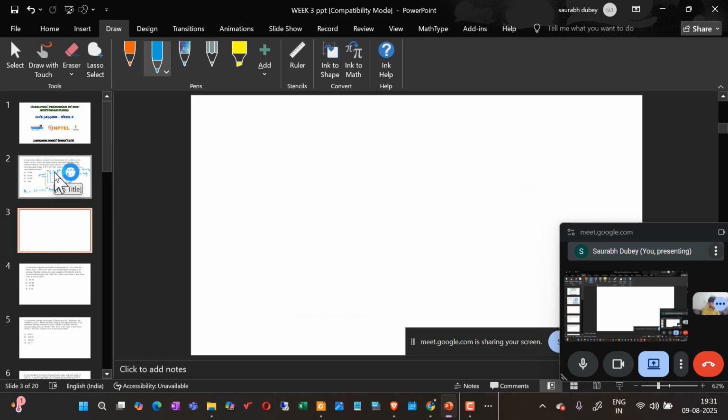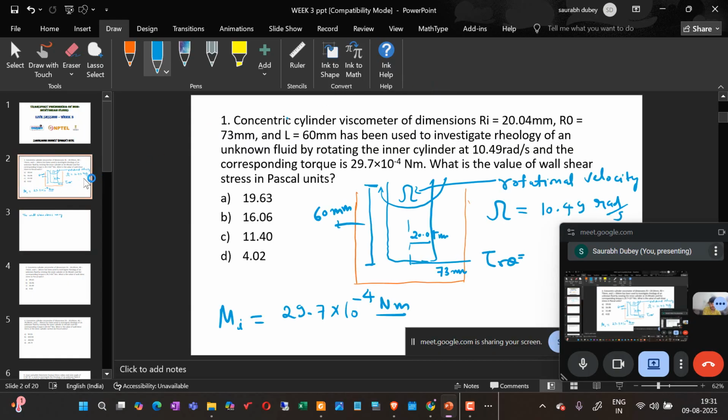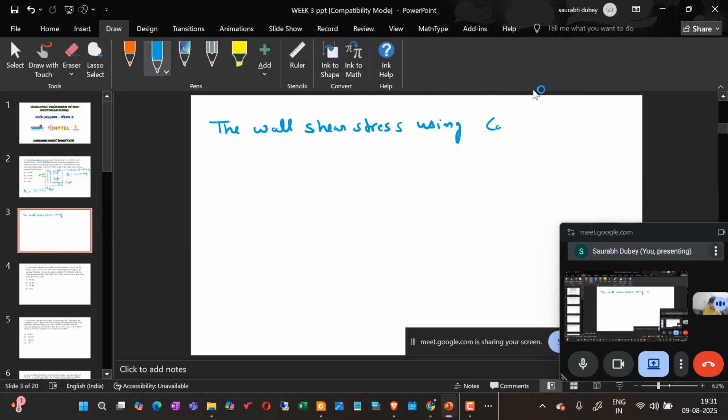And then what I'm suggesting is the wall shear stress, using the concentric cylinder viscometer given in the question, or rheometer as sometimes people call it.